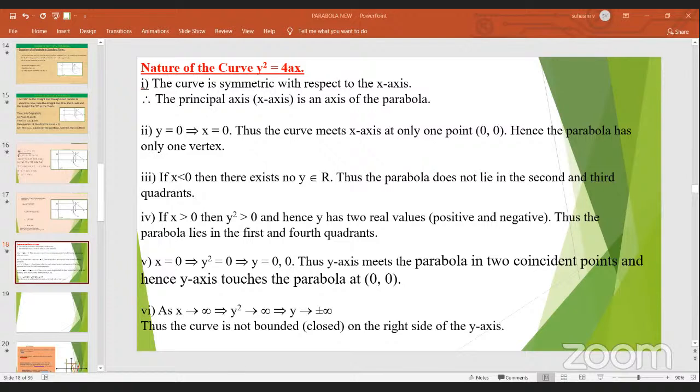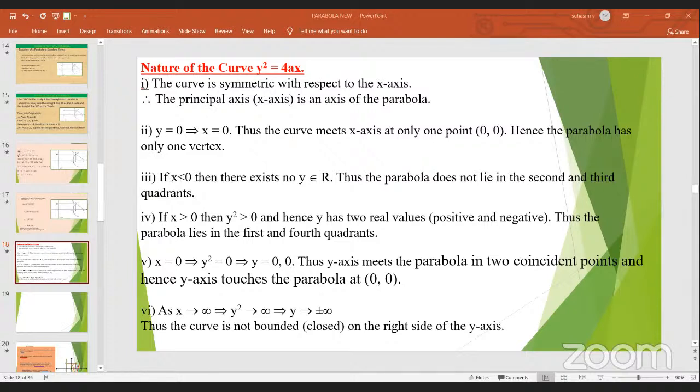That means the graph extends on either side of the x-axis symmetrically. The curve y square equal to 4ax is symmetric about the x-axis. Hope it's clear, children.